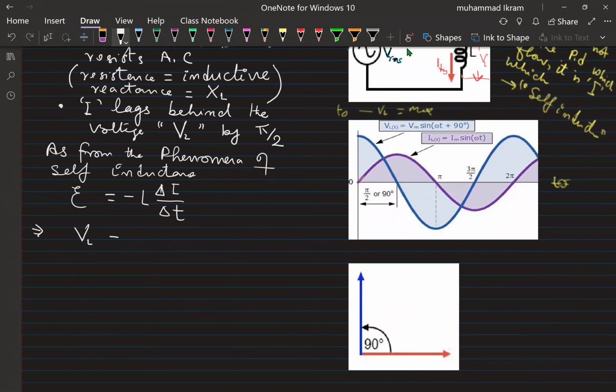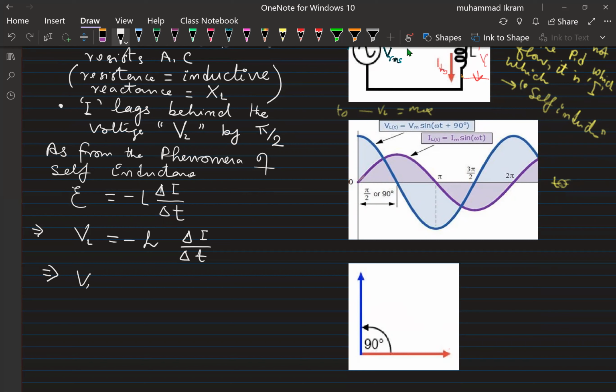Now I will write it as minus L, the inductance of this inductor, into delta I by delta t. The negative sign indicates that it is opposite to the source EMF. It is opposing according to Lenz's law.